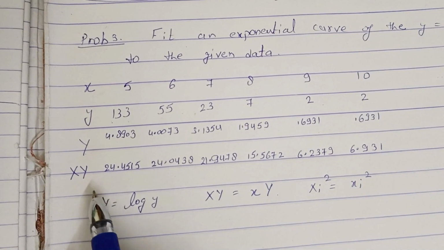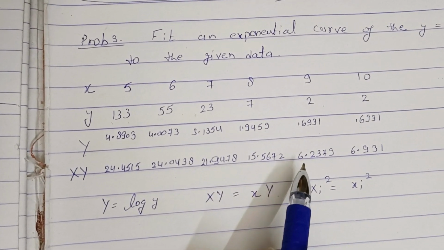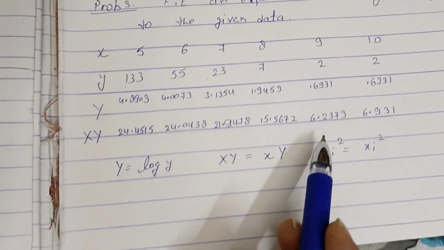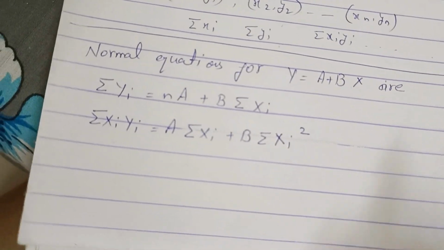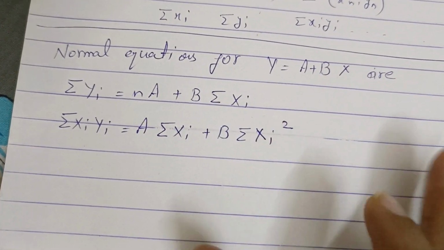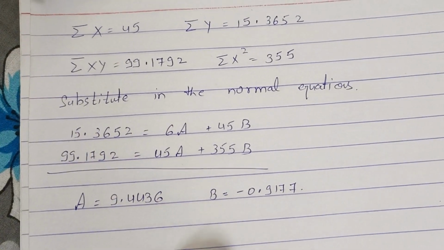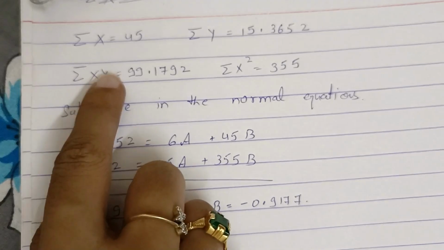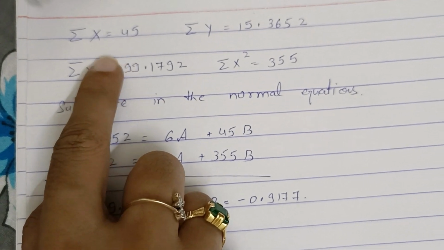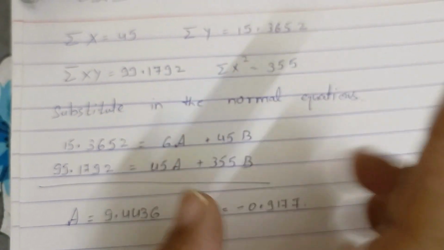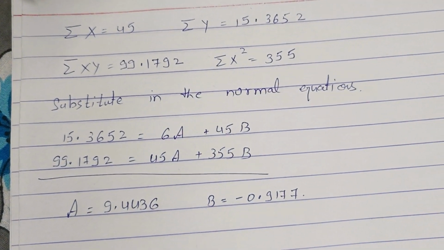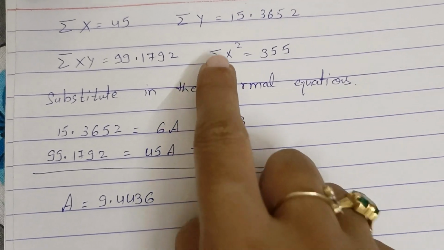Since you now have all the required data, we can use these normal equations to compute capital A and capital B. To substitute in the normal equations, you need the summation of capital Xi, summation of capital Yi, summation of Xi Yi and Xi square.